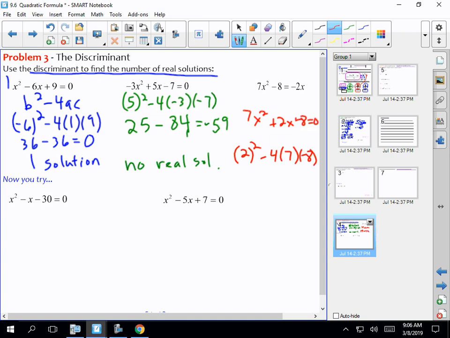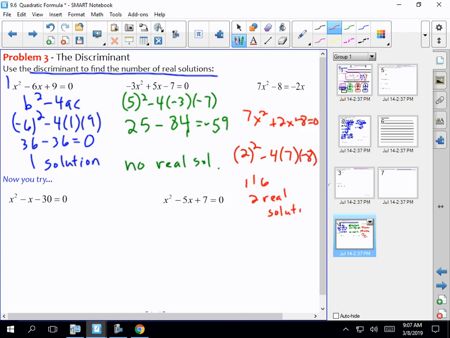This is 28 times 8, which ends up being, when you add it all together, 112. Because of the 2 negatives here, that's going to change this to a positive 112. So we end up with 116, which means 2 real solutions.